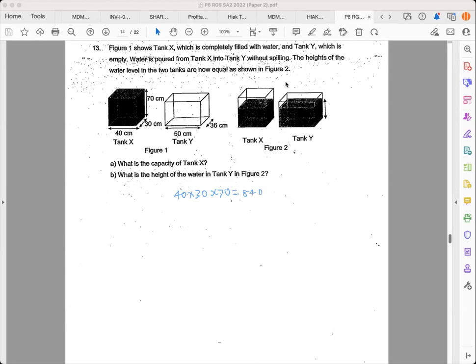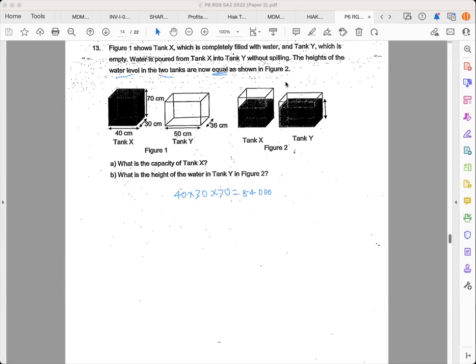So we are going to redistribute this 84,000 ml of water in tank X and Y such that the water level in the 2 tanks is equal. Okay. The approach to solve this question is using the quantity value table.